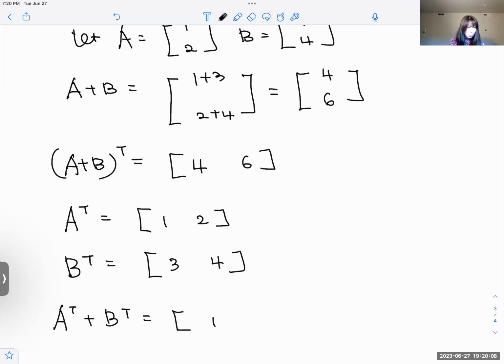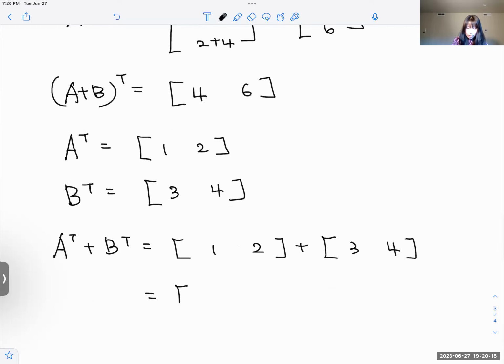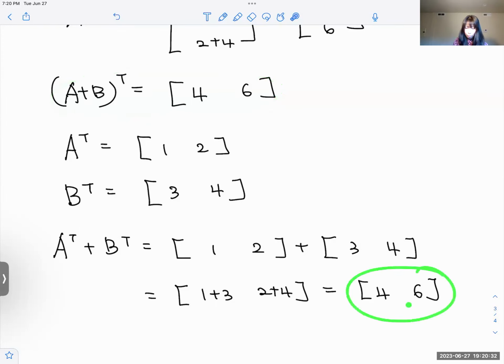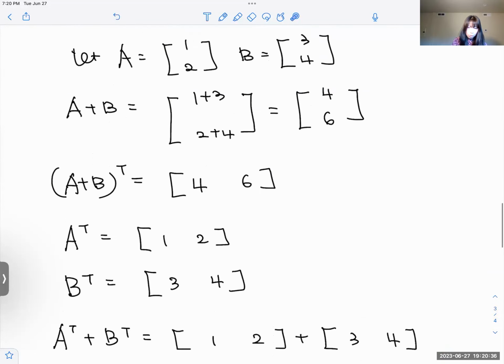So that is 1 plus 3, 2 plus 4, which is 4 and 6, which is the same as this, right? Okay, so we can conclude.